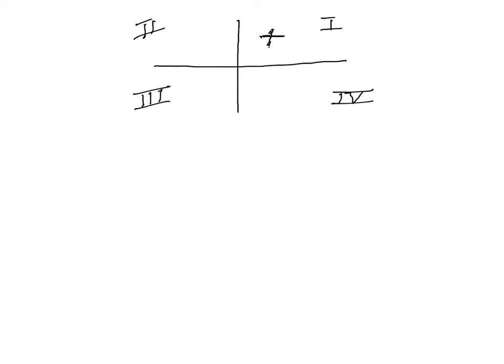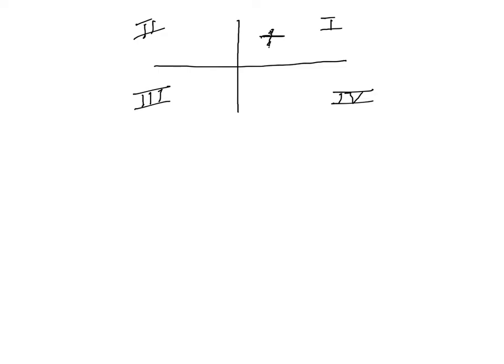Now if we go down to quadrant 3, both x and y are negative. So sine, cosine, secant, and cosecant are all going to be negative. But tangent and cotangent, since they're y over x and x over y, are going to be positive.